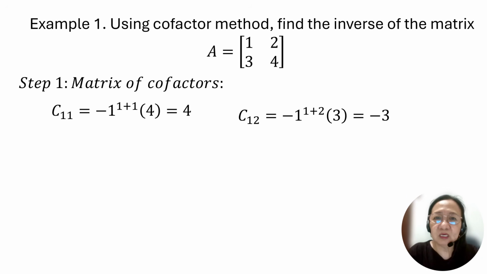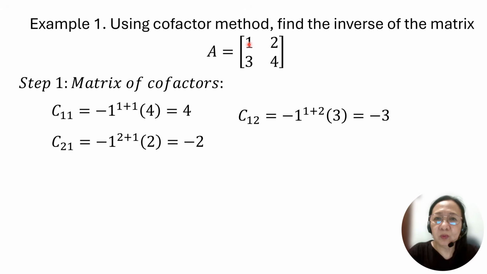Next is C sub 21, wherein the number in the second row and first column is 3. For this C sub 21, what will be the sign? That is negative 1 raised to the position of 2 plus 1, second row, first column.